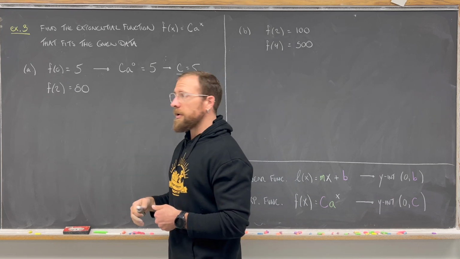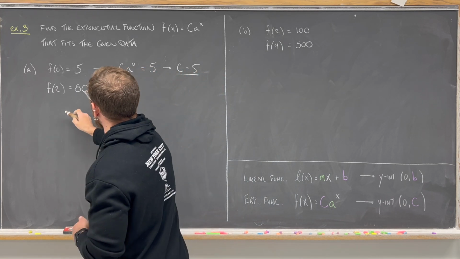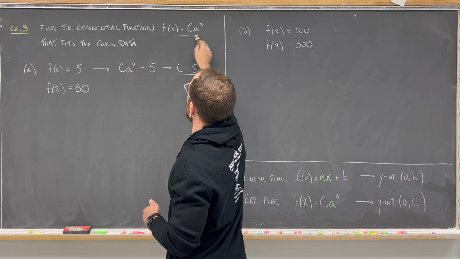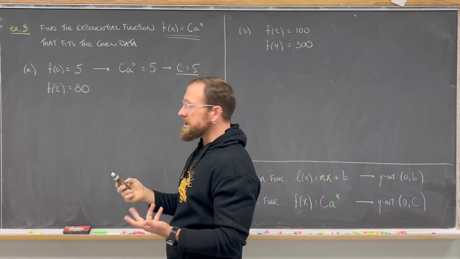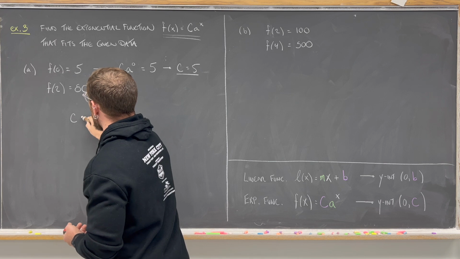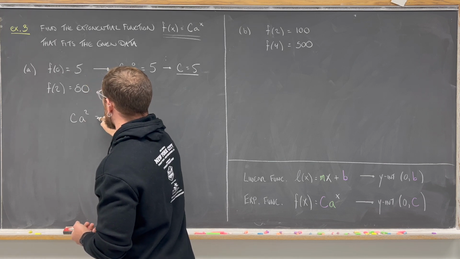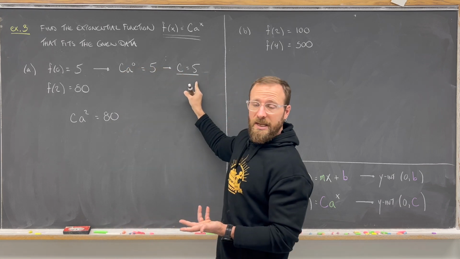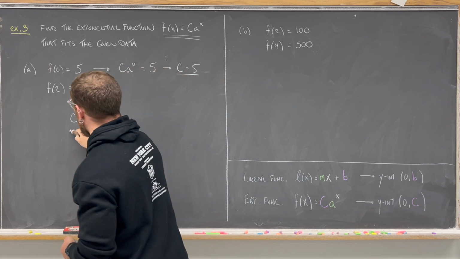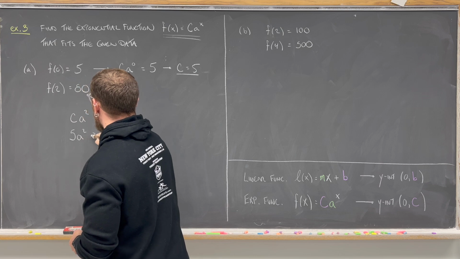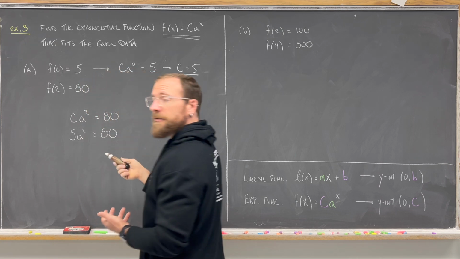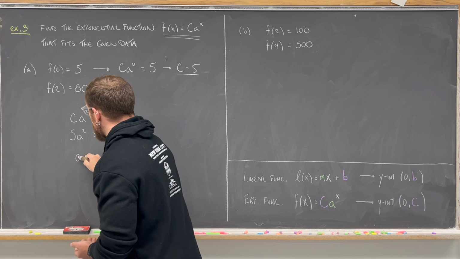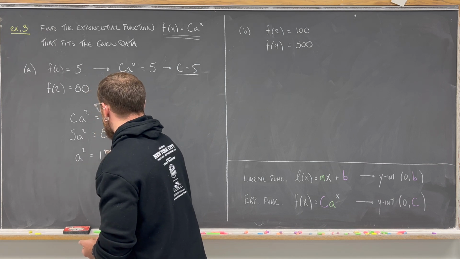So what does the second equation say? According to this definition of an exponential function, f(2) must be c times a squared, and that's apparently equal to 80. Now, I already know that c is 5, so I can say that 5 times a squared is 80. If I divide both sides by 5, I can see that a squared is equal to 16.